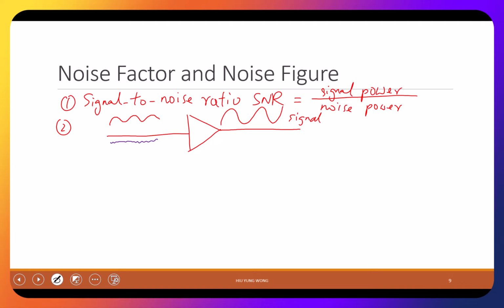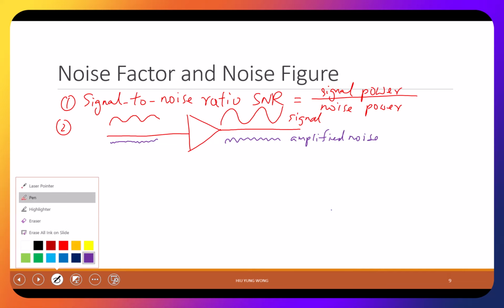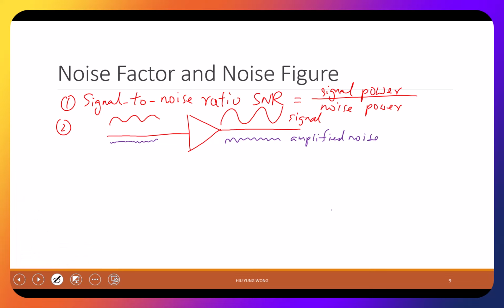The amplifier is going to amplify the noise also. Is this okay? And unfortunately, as we already saw in the previous example, the amplifier also adds some more noise to it.